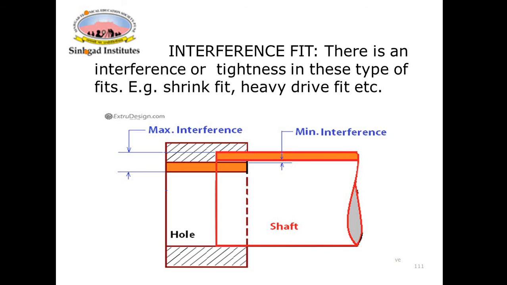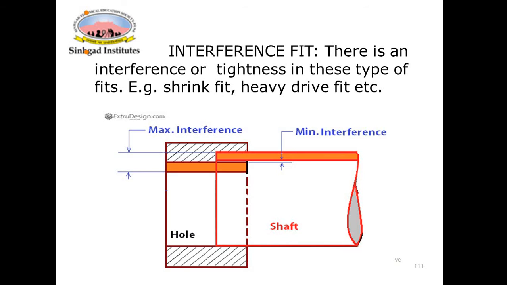Now, similar to the last definition, what is the minimum difference between the size of the hole and the size of the shaft? We can say the difference between the maximum size of the hole, this distance, and the minimum size of the shaft, that is this distance from here to here.